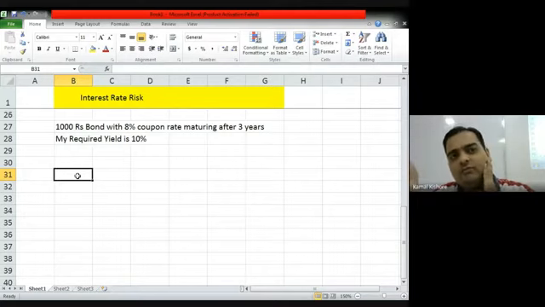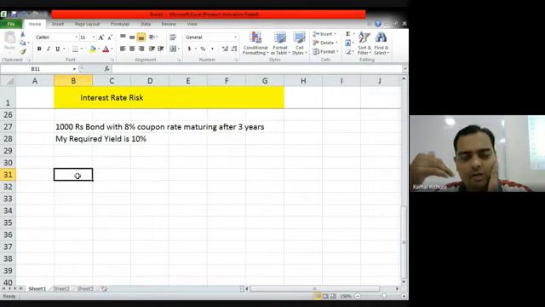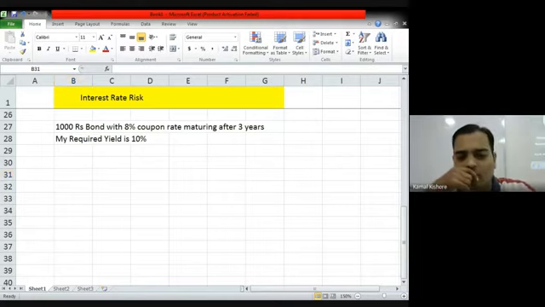What are all the cash flows? 80, then when the maturity happens, how much will you get? 1,000 rupees. So these are the cash flows. What is your discounting factor? 10%. So calculate the net present value.